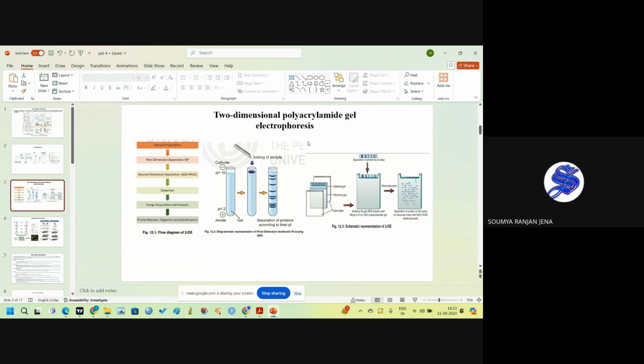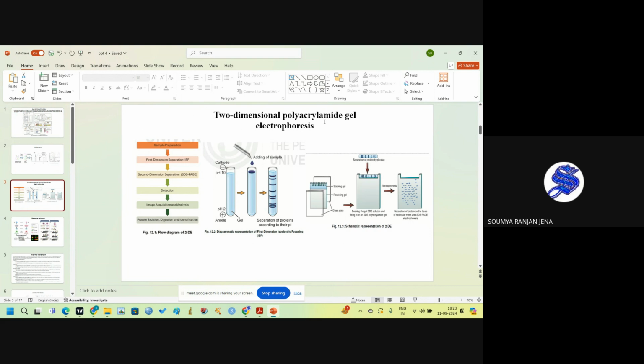So we could not differentiate how many proteins are present in that band. So in two-dimensional gel electrophoresis, in the first dimension we have to do the isoelectric focusing gel, and in the second dimension we have to do the SDS-PAGE.